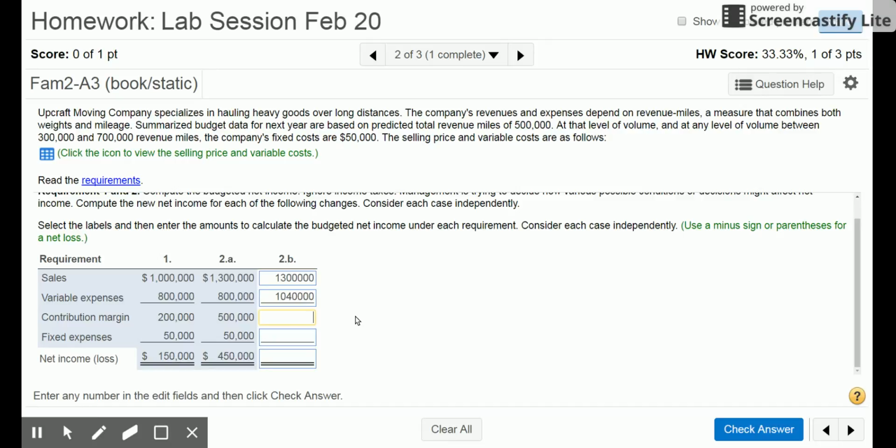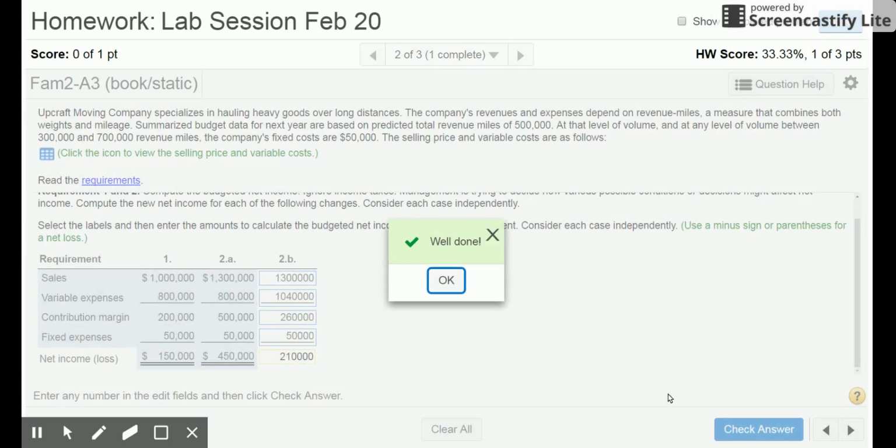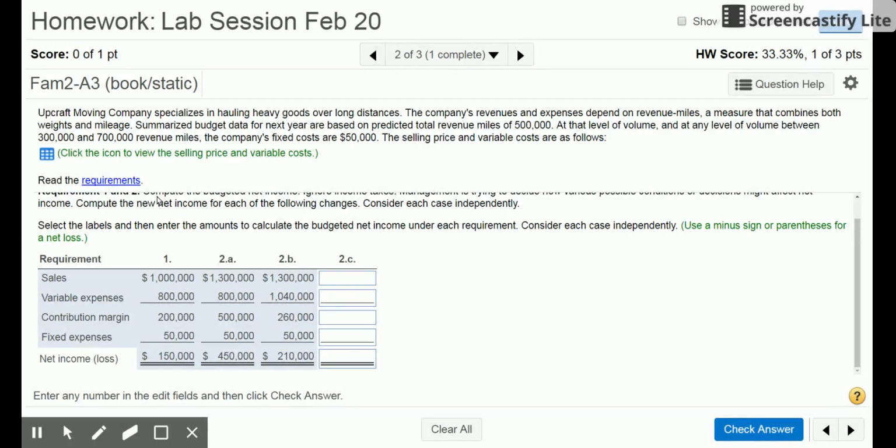So our contribution margin will change to $260,000. The fixed cost is still $50,000, and it will reduce our net income from the previous scenario. So check the answer. Everything looks good.